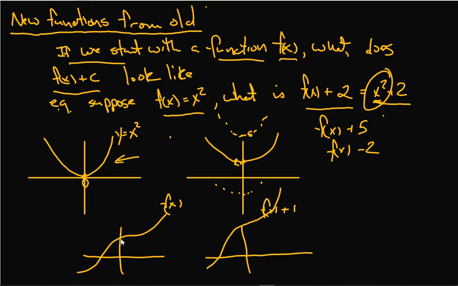So if this was, say, a, where it crossed, then this would be a plus 1. So that's the relationship. It would be up here, like that, with this distance being 1, and this distance being 1.